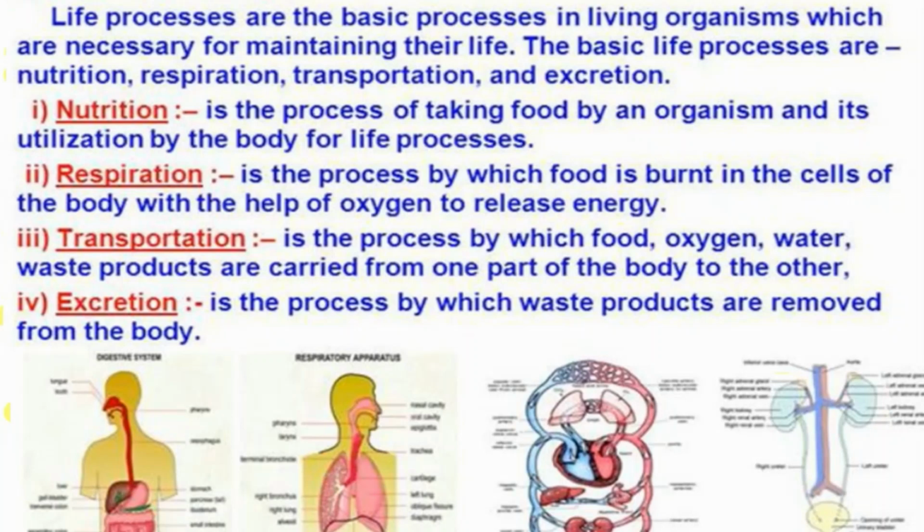But multicellular organisms need organ systems, because each and every cell is not in contact with the environment. Then I told you that after digestion of food, every nutrient has to reach every part of the body. That process is called transportation, the third life process. Then the fourth one: when everything is done, there is definitely a byproduct, and that byproduct is eliminated from our body.